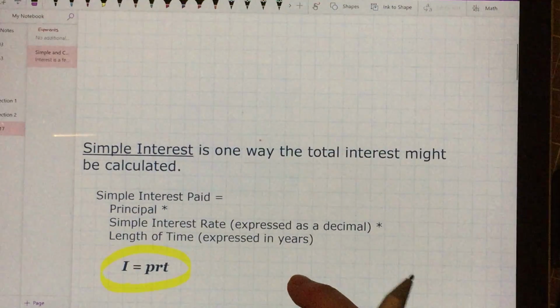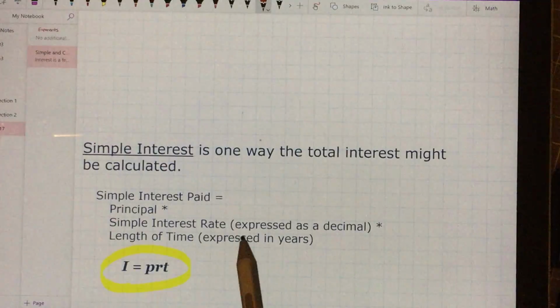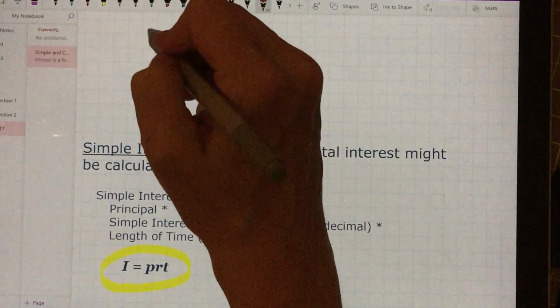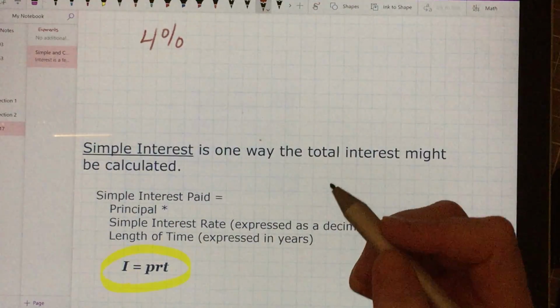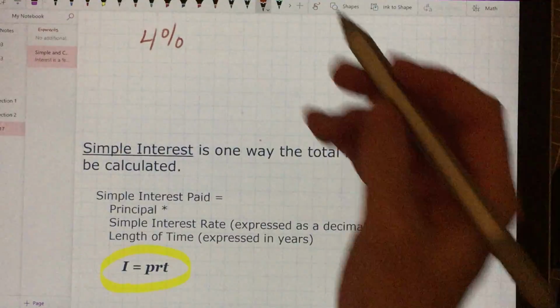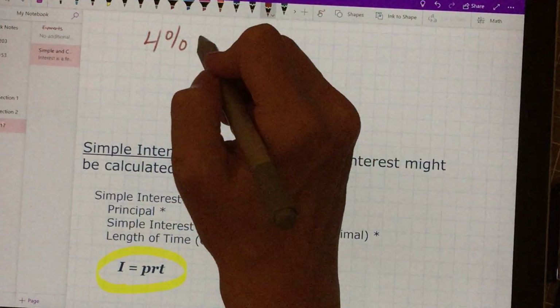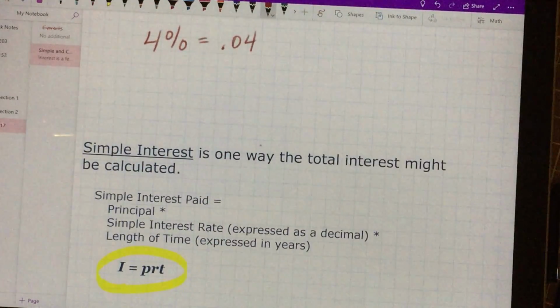Let's stop for just a moment and talk about expressing the simple interest rate as a decimal. If you're given 4% as the simple interest rate in a problem, we have to convert this 4% to a decimal, and this is going to be 0.04.